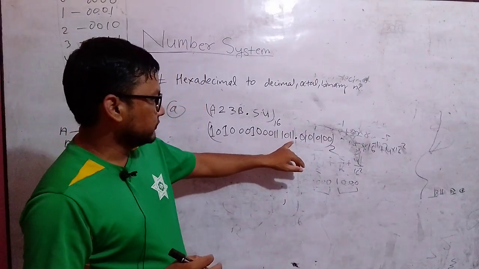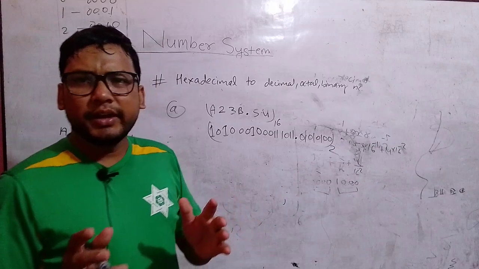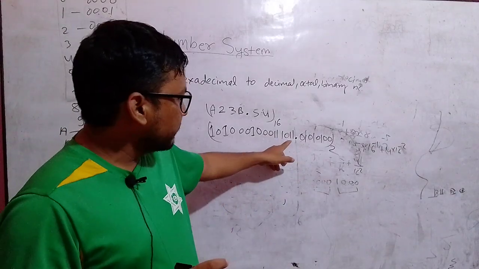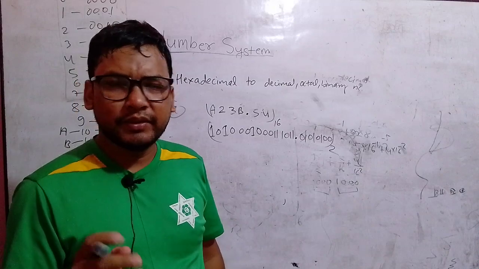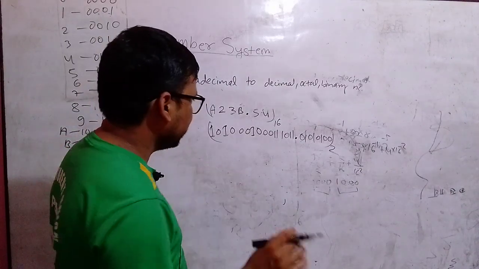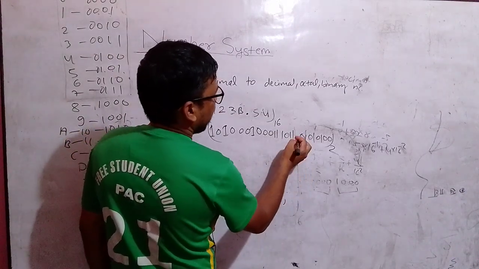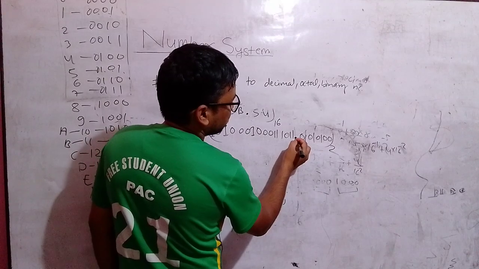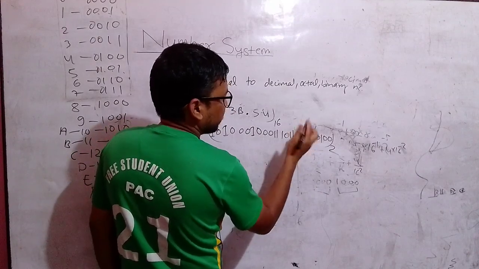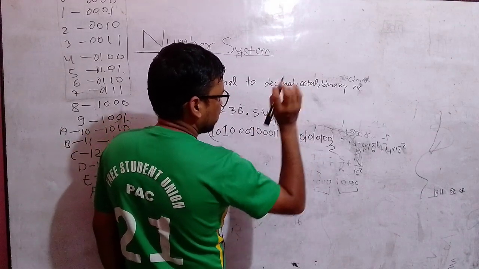To get the octal from the binary number, we have to make groups of 3 digits. We take this decimal point as a reference point, and form groups of 3 digits from it, either to the left hand side or to the right hand side.